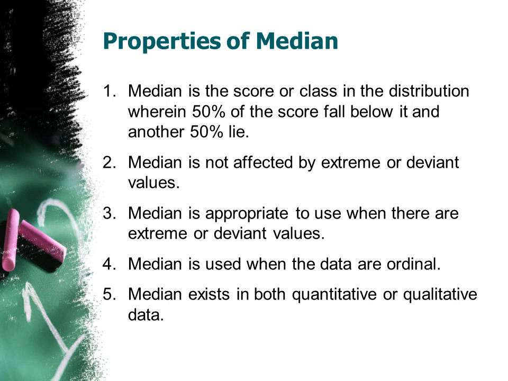As compared to mean kanina, meron ring mga properties and characteristics ang median. Number 1, median is the score or class in the distribution wherein 50% of the scores fall below it and 50% lie above it. So, nasa gitna siya. Meron siyang 50% sa taas niya at meron siyang 50% sa baba niya if you are going to arrange.